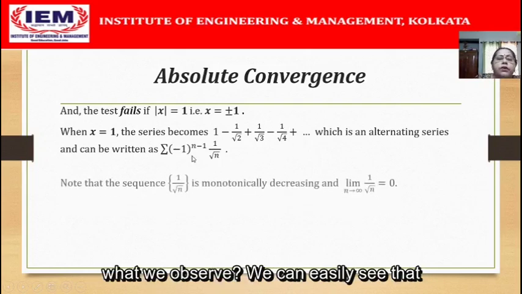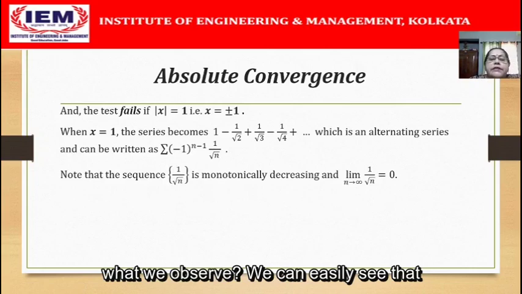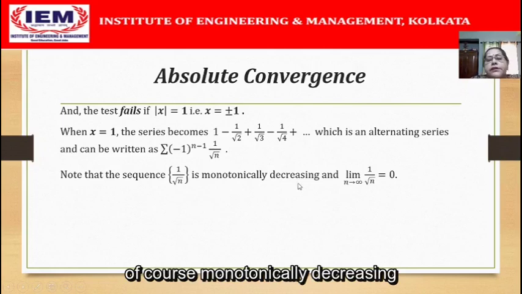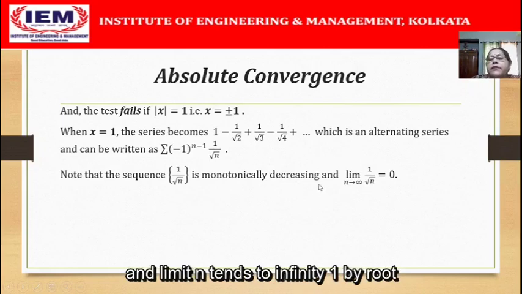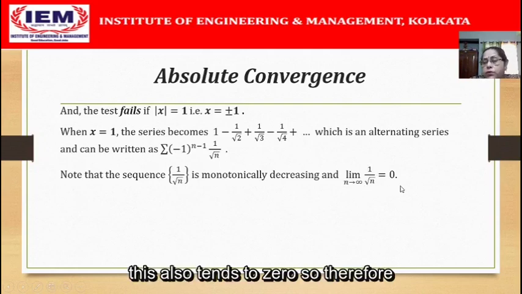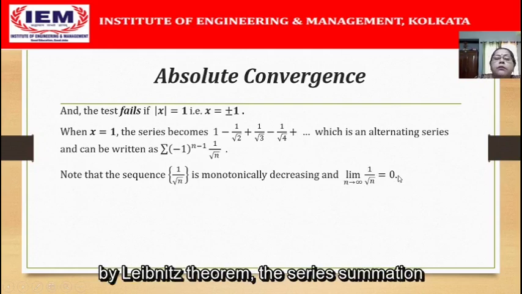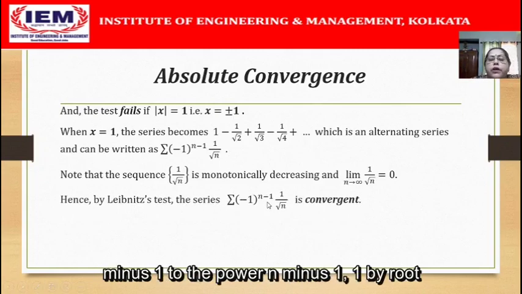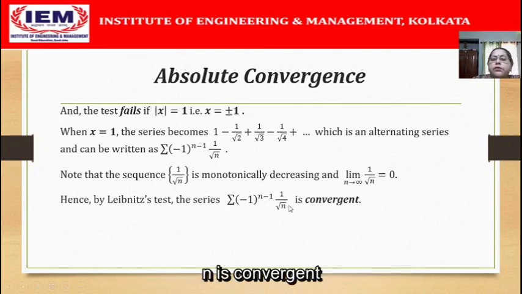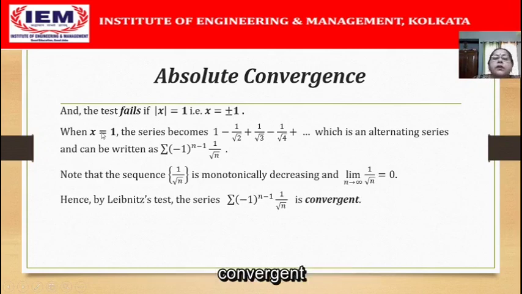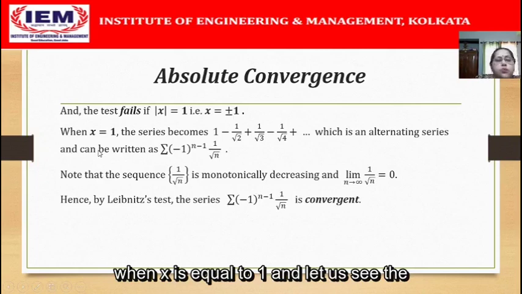We can easily see that the sequence 1 by root n is monotonically decreasing, and the limit as n tends to infinity of 1 by root n also tends to 0. So by the Leibniz theorem, the series summation (minus 1) to the power n minus 1, 1 by root n is convergent, or otherwise our given series is convergent when x is equal to 1.